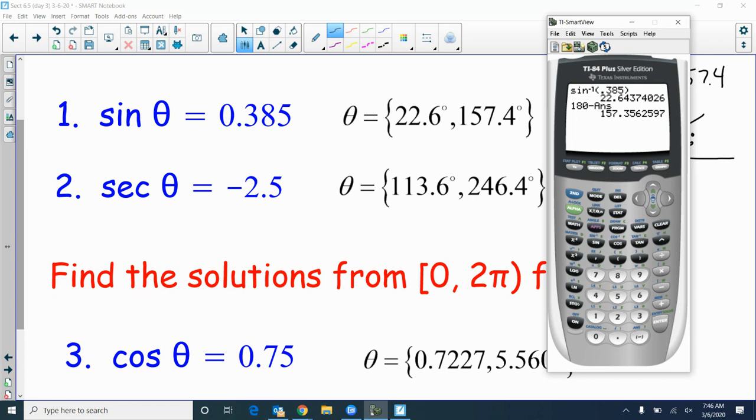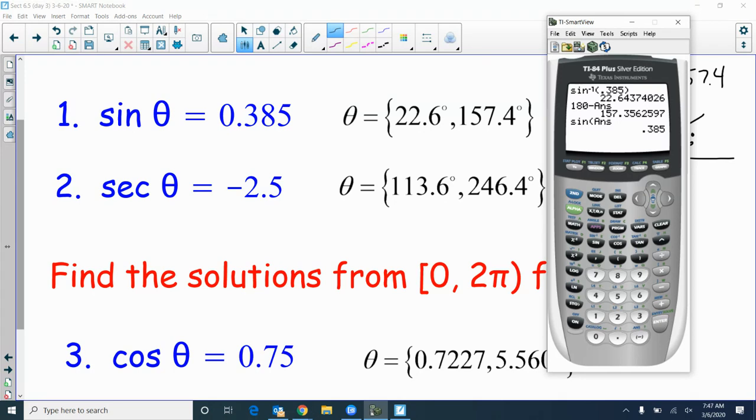So what if you take the sine of that angle? What should our answer be? 0.385. Okay, so we're going backwards. I'm telling you the sine of some angle is 0.385, and you're figuring out the two angles it works for.